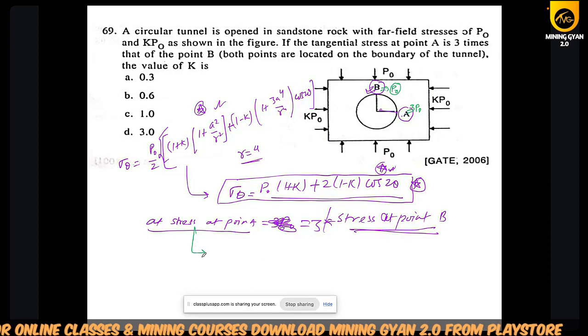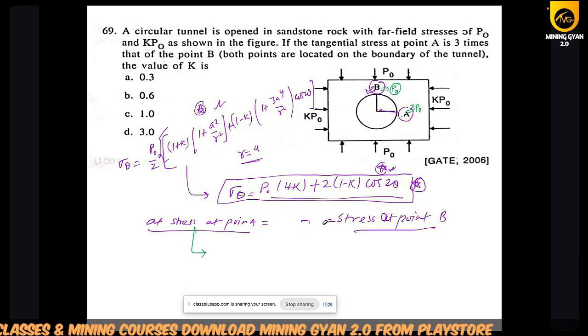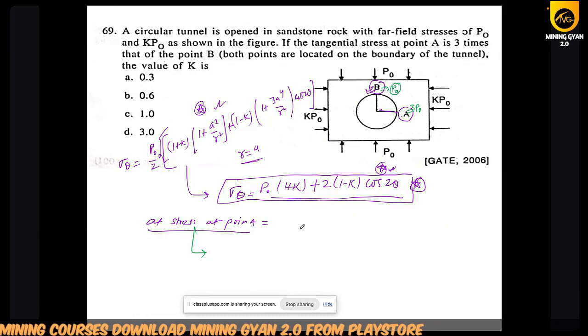Okay, so you know that at point A theta equals 0, and at point B theta equals 90 degrees.